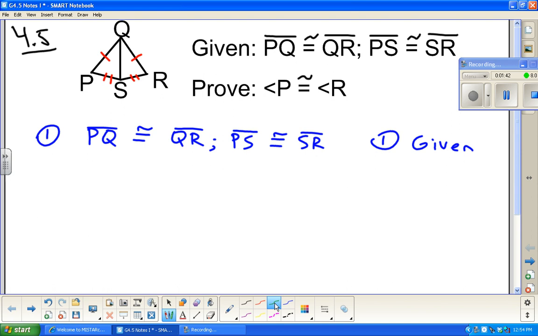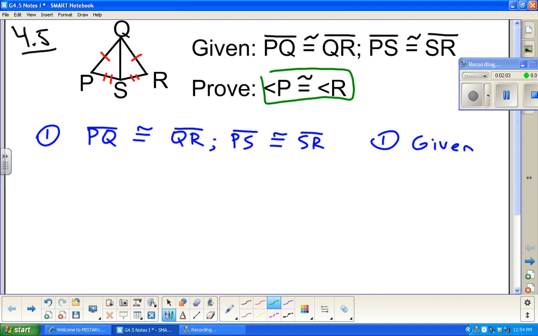Let me just say one thing before I state that though. What we're trying to get at the end, our goal, is to show this: angle P, this little left bottom piece, and this right bottom angle are congruent. So why would it help to have the triangles be congruent? Did you think about that? You're definitely on the right track.